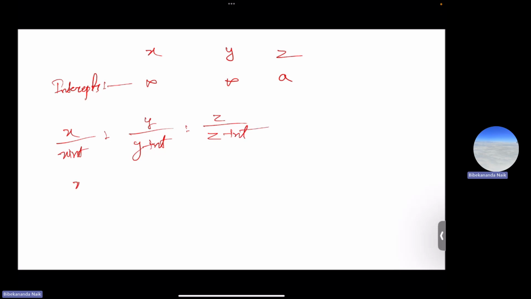It will be x by infinity, y by infinity, z by A. It will be 0, 0, z also.